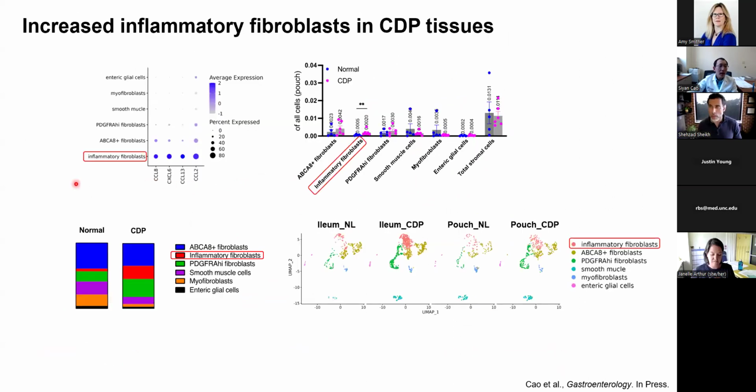And similar to the myeloid cell population, we also identified an inflammatory fibroblast population in the CDP tissues, which shows increased frequencies compared to the normal controls. The increased proliferation of inflammatory fibroblasts may contribute to the recruitment of myeloid cells and T cells to the tissue of CDPs and contribute to the chronic inflammation.